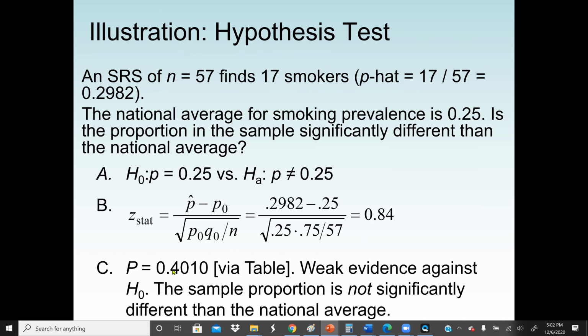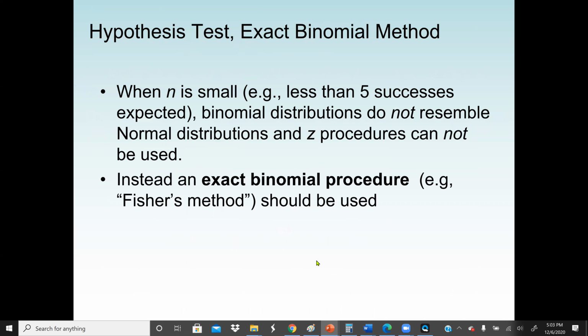The H0 said the national average for smoking prevalence is 0.25. So anytime the p-value is greater than alpha, we have to accept the H0. So here we say the sample proportion is not significantly different than the national average.